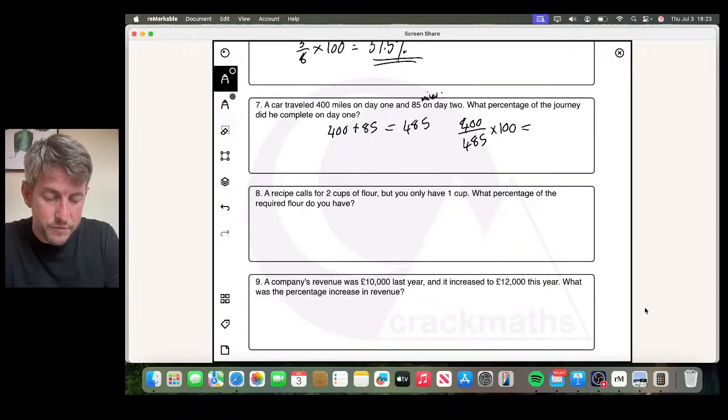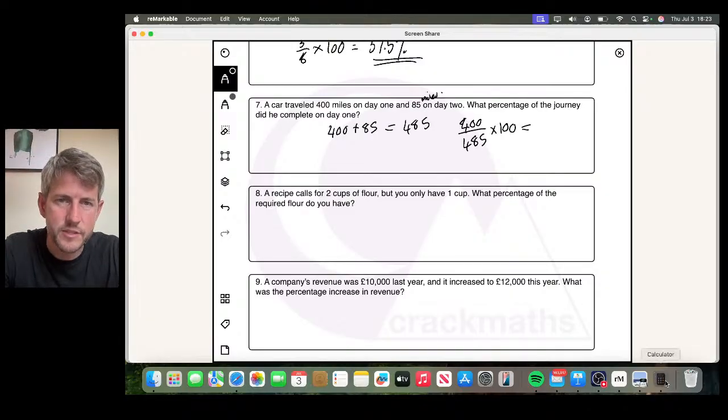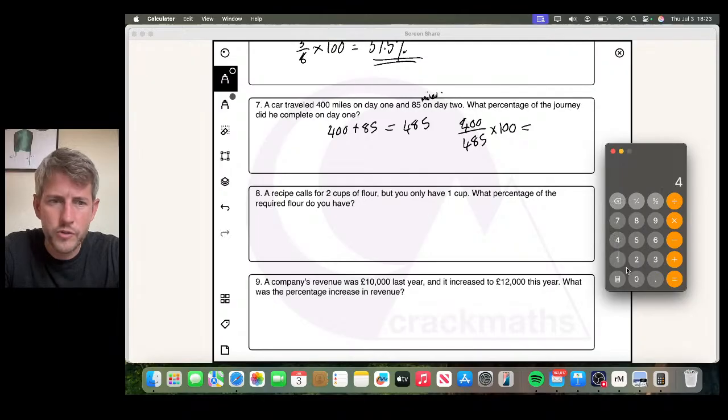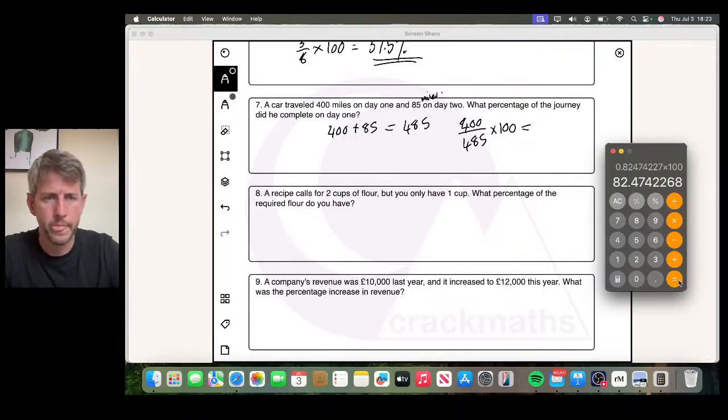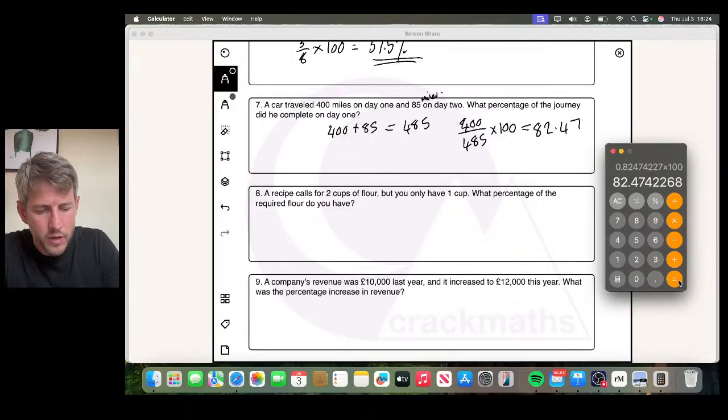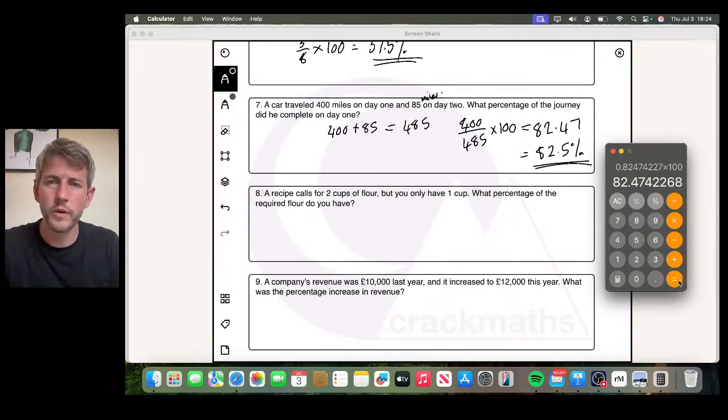So that's what we want to find as the percentage. So we're going to do 400 divided by 485 here and times this by 100. And so that's going to be 82.47, which we will round to 82.5%. Okay, so on day 1, he did 82.5%.